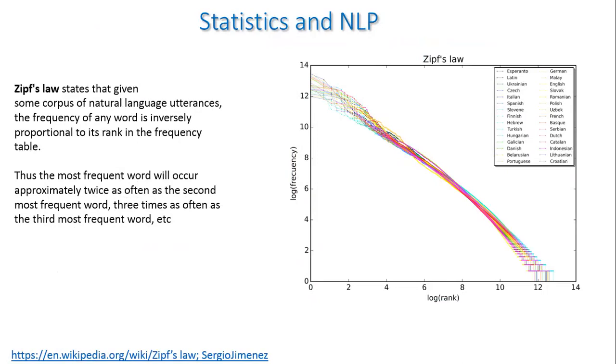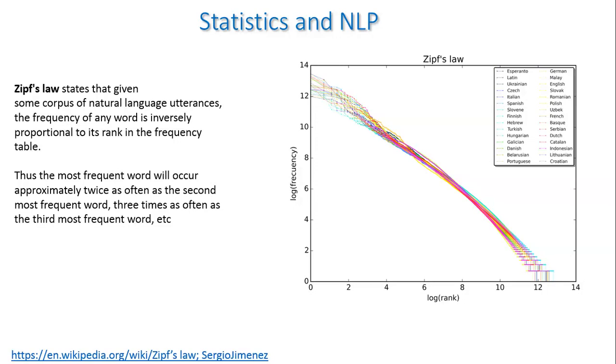If you look at the third most frequently occurring word, its frequency will be F over 3. So the nth most frequently occurring word in any language will occur at 1 over n times the frequency of the most frequently occurring word in that language.